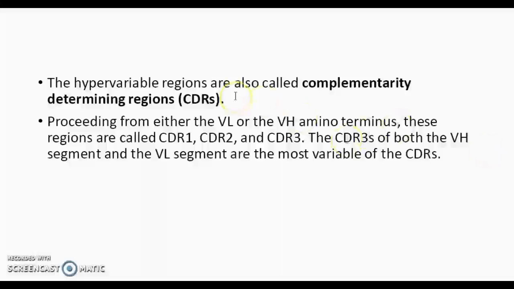The other name for hypervariable region is complementarity determining region, CDRs, proceeding from the amino terminus of either the VL or the VH. These regions are called CDR1, CDR2, CDR3, and CDR3 of both the VH segment and the VL segment is the most variable of the CDRs.